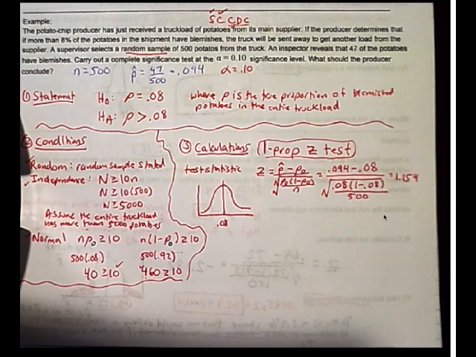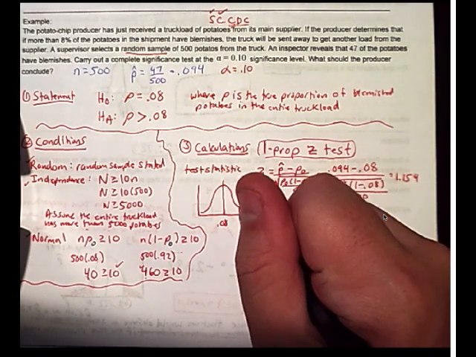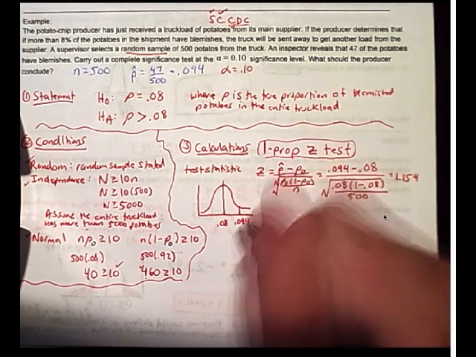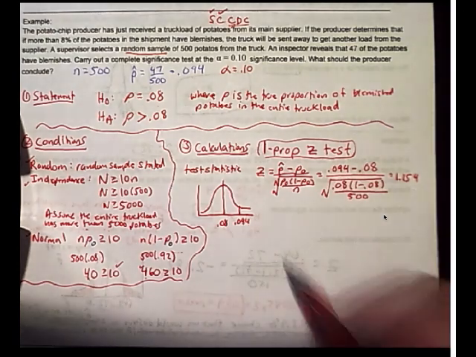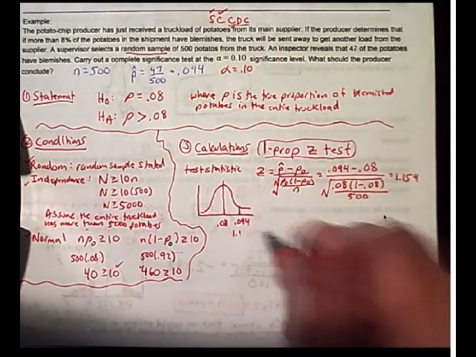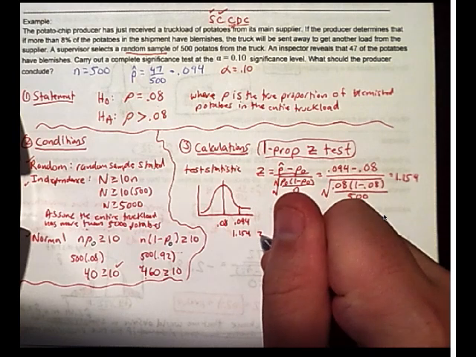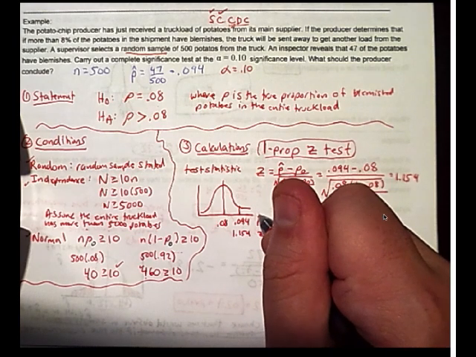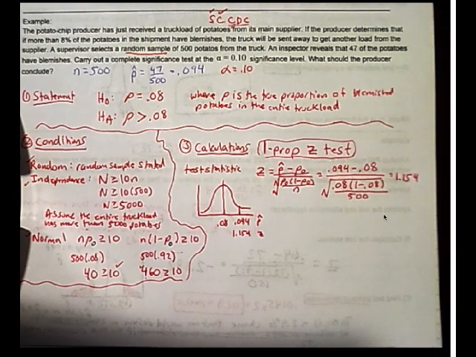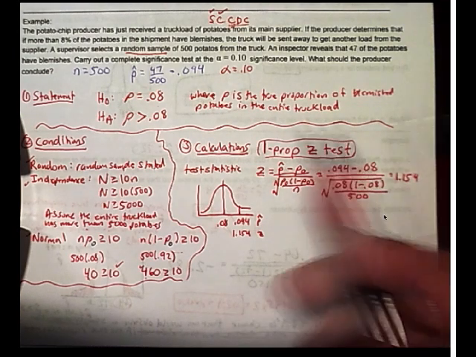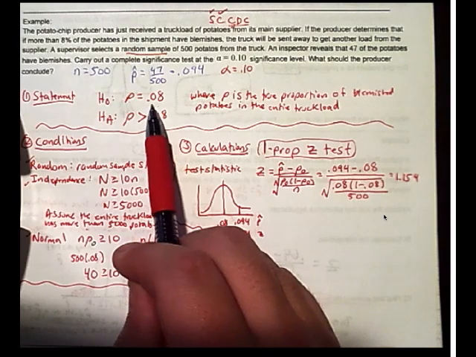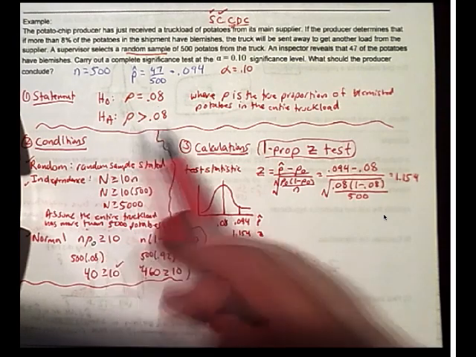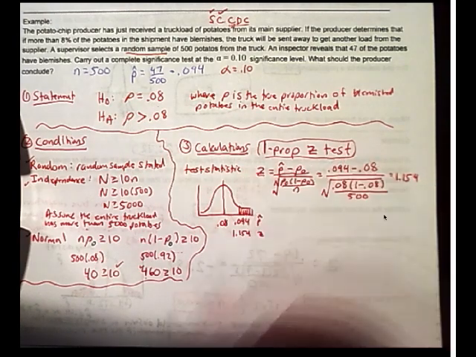And our value of 0.094 has a z-score of 1.154. So that's the z-score, and that's the p-hat value. So how are we going to shade? We're going to look at our alternative hypothesis. It says greater than, so we're going to shade greater than.